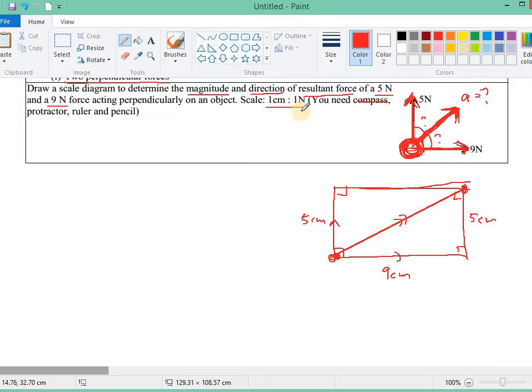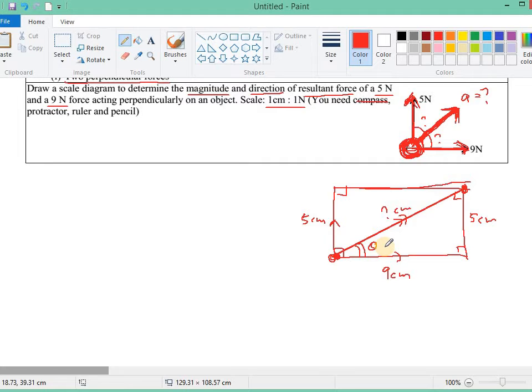Because 1 centimeter represents 1 Newton, however many centimeters the length is will equal that many Newton for the resultant force. And for the direction, you use a protractor to measure this angle, and then you get the direction of the resultant force.